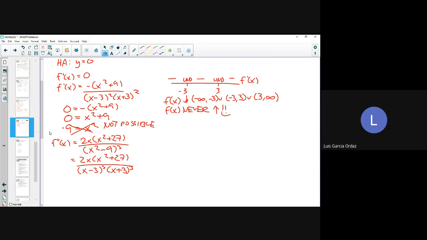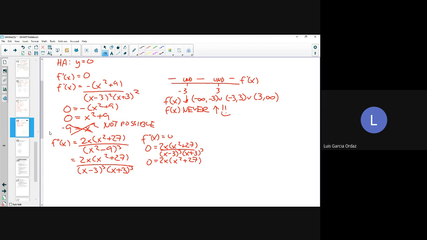So now we need to figure out when f double prime of x is equal to 0. So I said 0 is equal to 2x times x squared plus 27 over x minus 3 cubed times x plus 3 cubed. I cross multiply, so my denominator does not exist anymore.